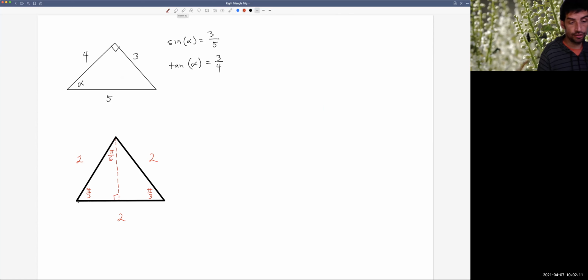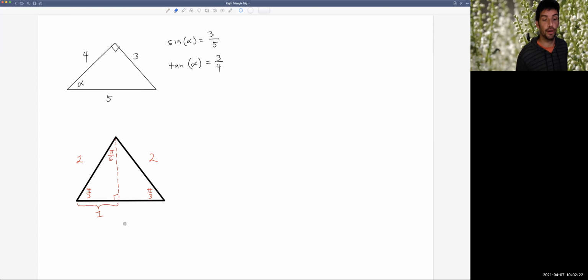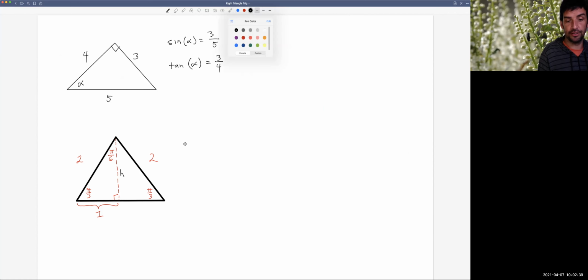So we've got this nice little triangle here. It's also going to split the base in half. So the base was a total of 2, but now this side of it is only 1. So first, let's find the height of this perpendicular we dropped. Well, we're going to use another piece of right triangle geometry, the Pythagorean theorem: the sum of the squares of the lengths of the sides.